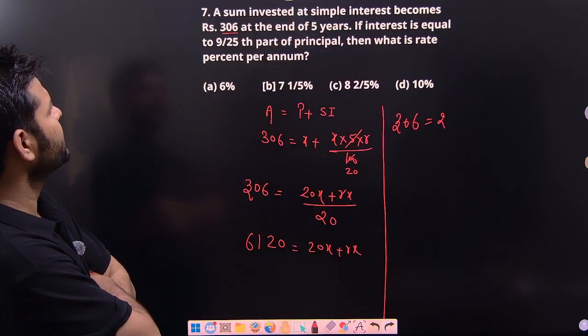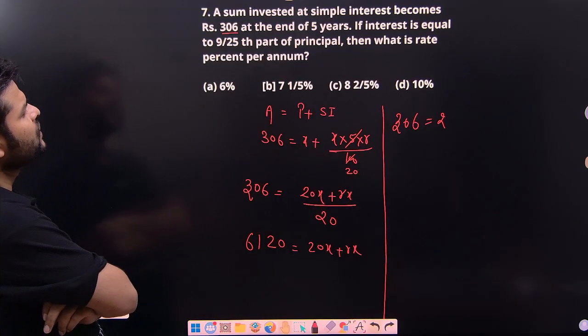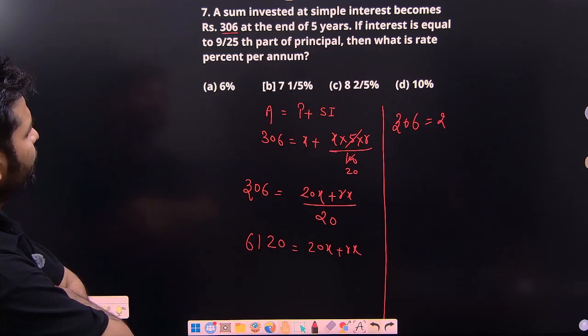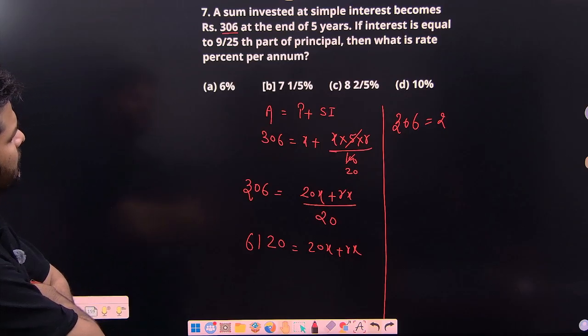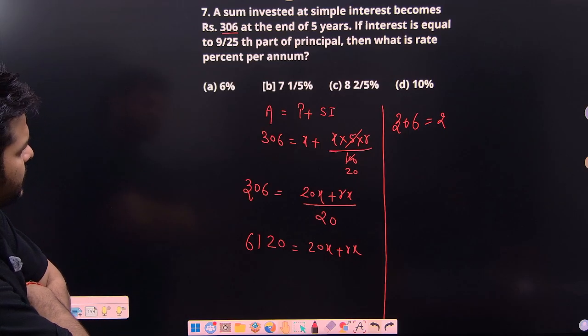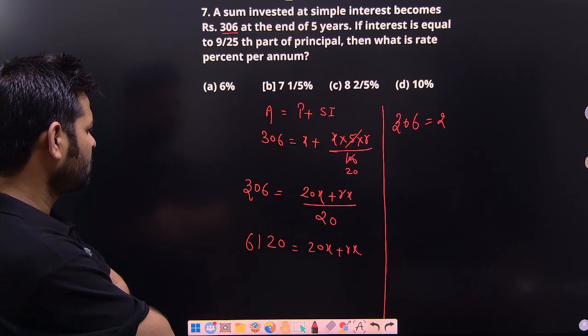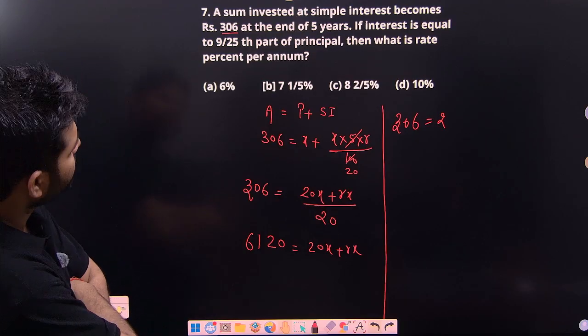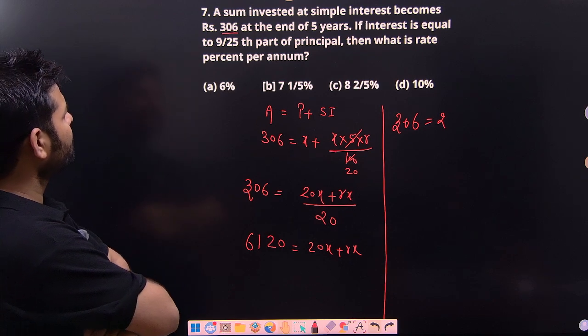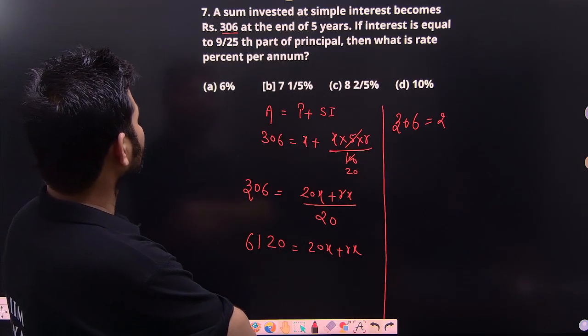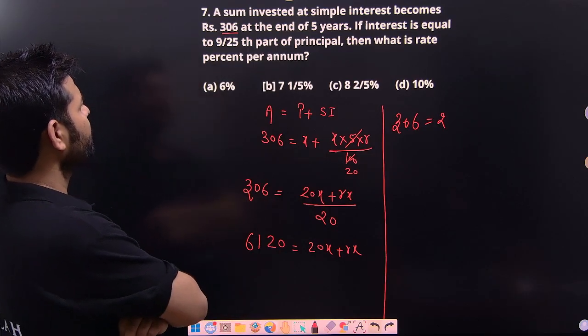A sum invested at simple interest becomes rupees 306 at the end of 5 years, X plus x into r. Now the question says, if interest is equal to 9/25 part of the principal, then what is the rate percent?